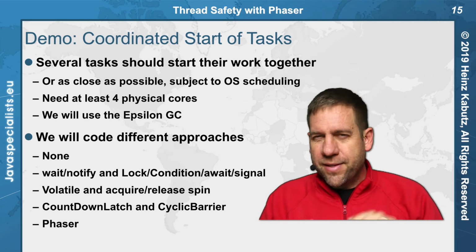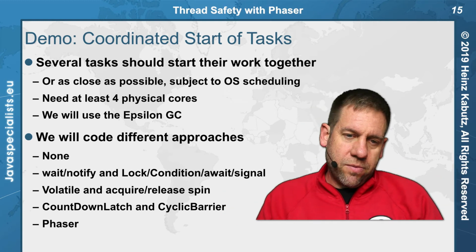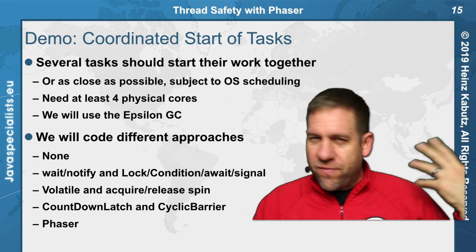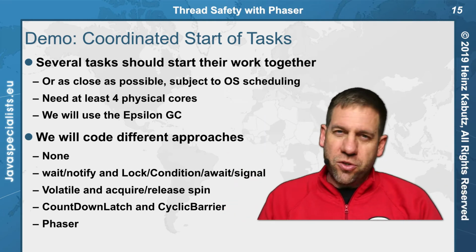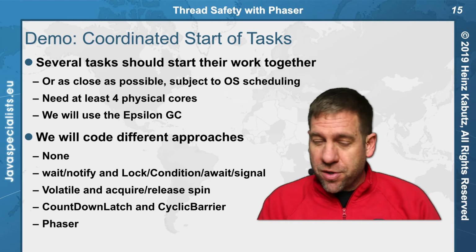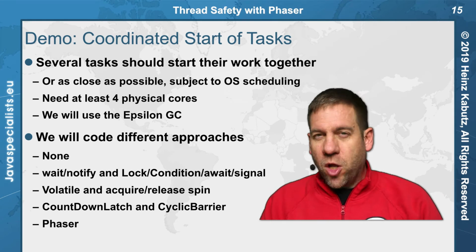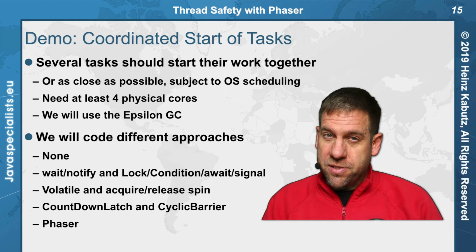Now, Java's not real time. So, well, at least the version I've got. So you really are very subject to weird effects like operating system scheduling, the garbage collector kicking in. So in order to shut up the garbage collector, we're going to use the Epsilon GC, which doesn't do any garbage collection. So that will hopefully minimize the amount of interference we're going to have on our test.